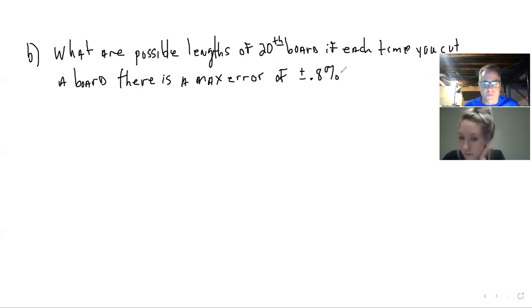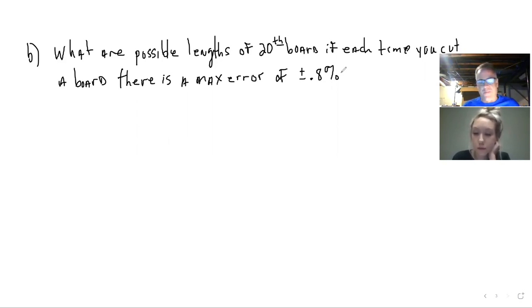So remember this, when we're dealing with percentages, we're comparing. So you would take the length you wanted that board to be, and what you're saying is you want it to be 8 feet.